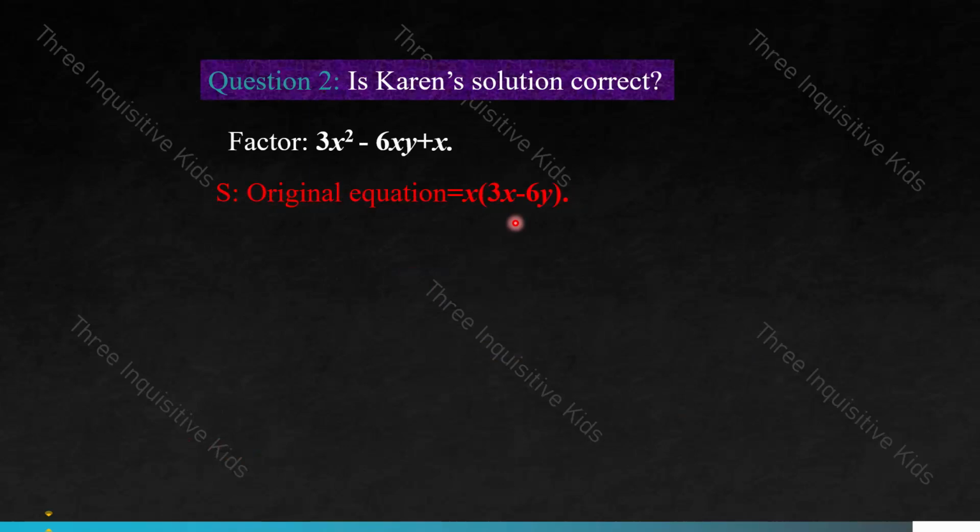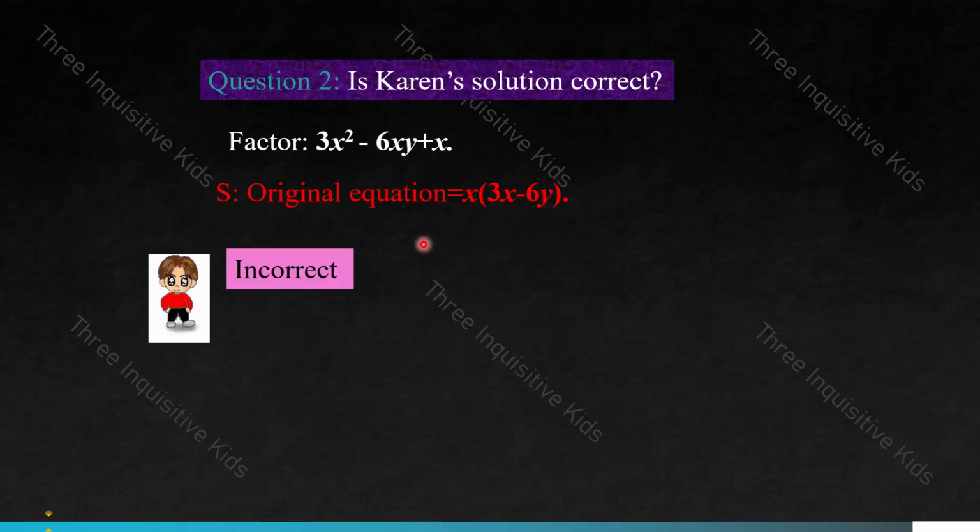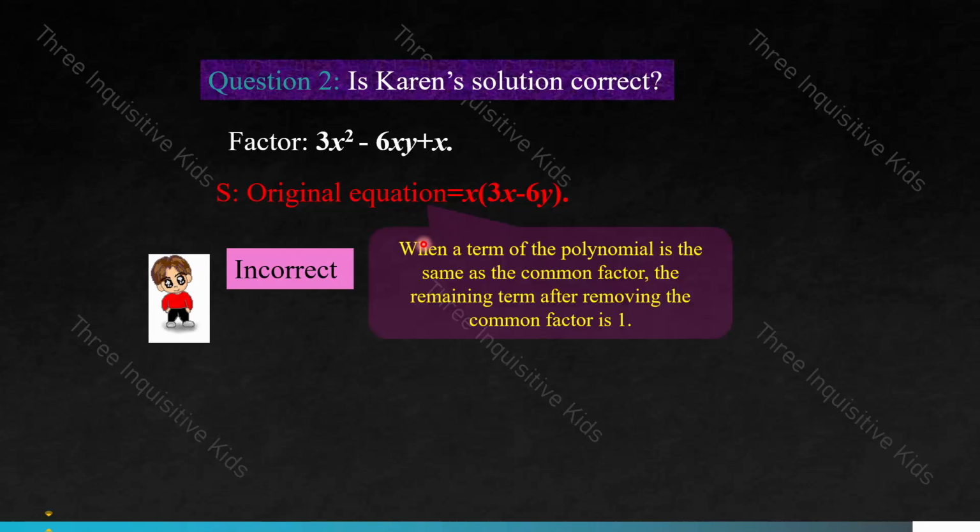Now here is another student's solution. She is being asked to factor 3x squared minus 6xy plus x. This is her solution, x times 3x minus 6y. Again, this is incorrect, because when the term of a polynomial is the same as the common factor, the remaining term after removing the common factor is 1.